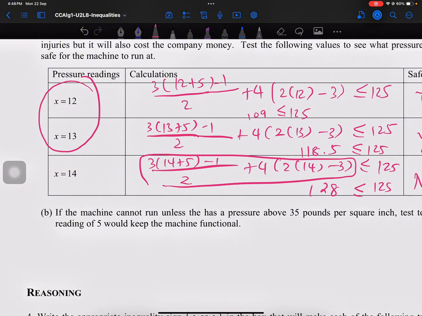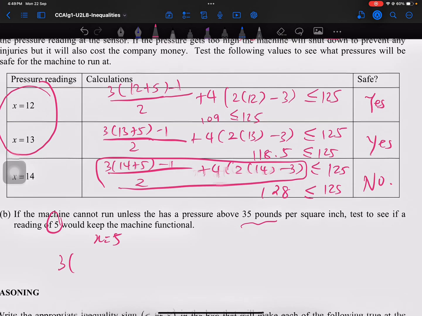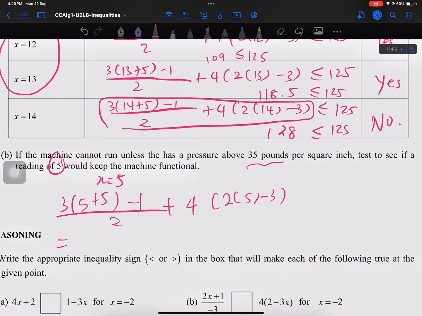Okay, next B, we are told the machine can't run unless the pressure is above 35. So if the reading is 5, so if x equals 5, we put it inside the equation. 3 times (10 minus 1) over 2 plus 5 times 2 is 10. 10 minus 3, okay, then try to solve all the brackets.